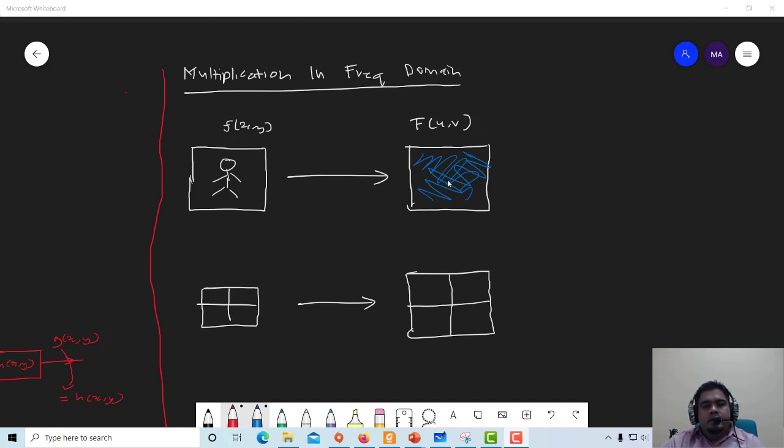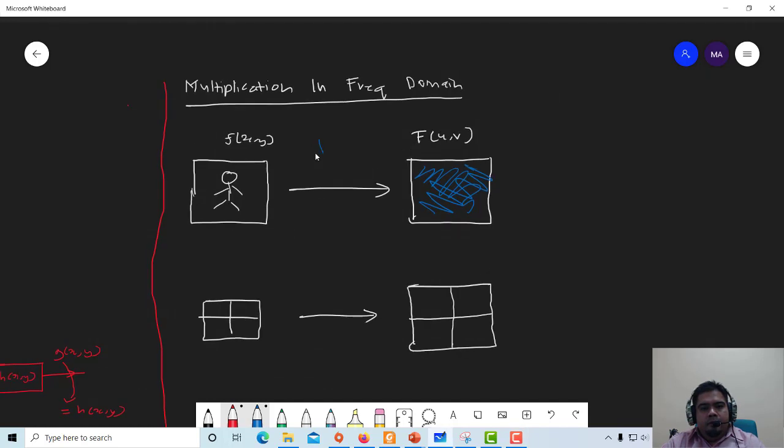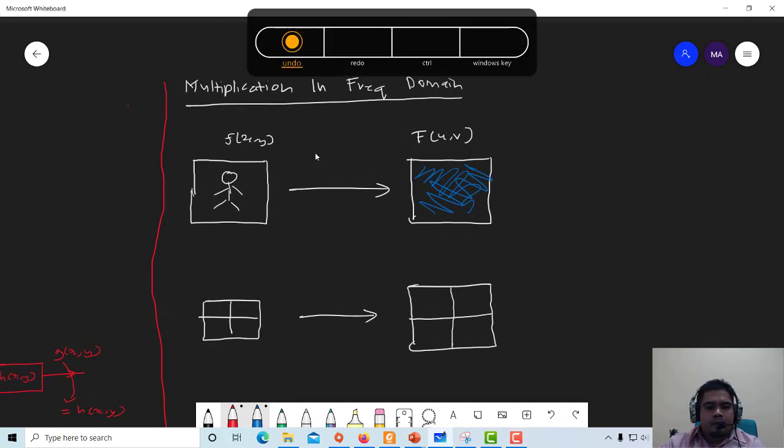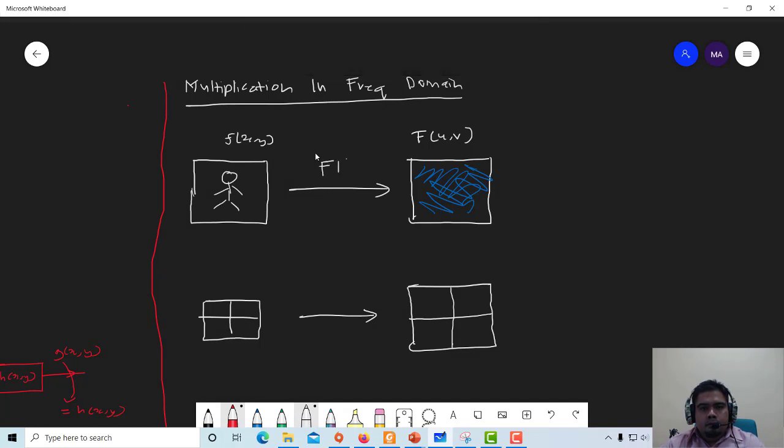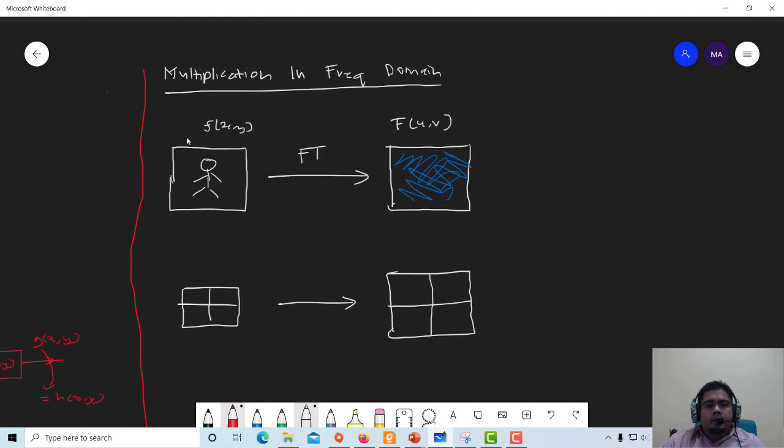Then if you convert it into the frequency domain using a Fourier transform, you will see an image of the same size, but of course you cannot see the picture anymore, okay.